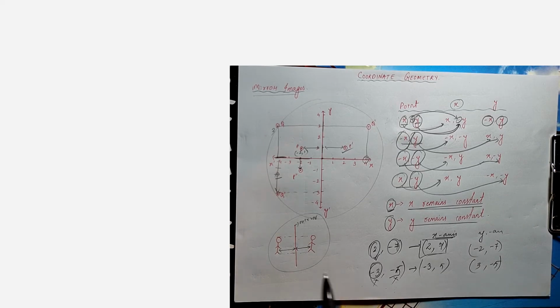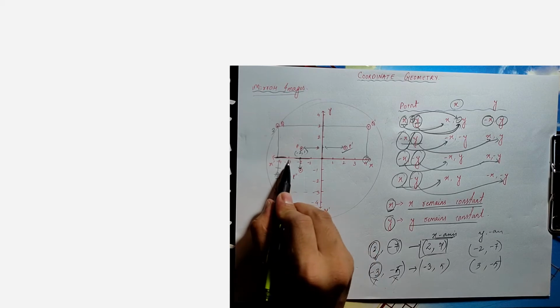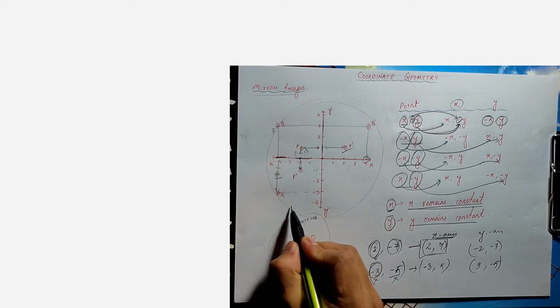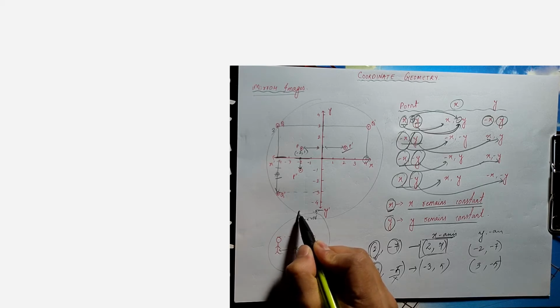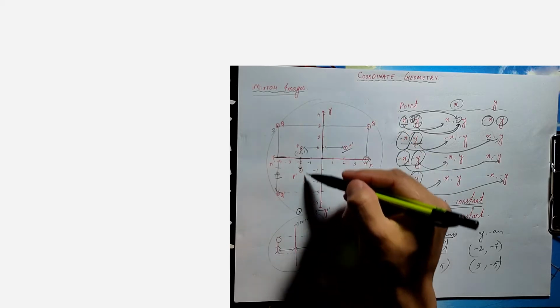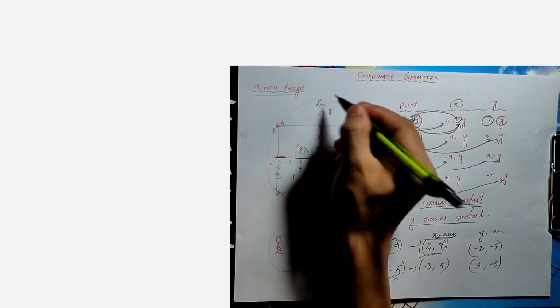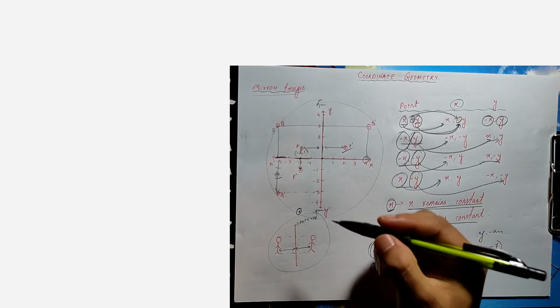Let us look at this here. So minus 3 comma minus 5, so minus 3 first along x-axis, then minus 5 along y-axis. So this will be my point. So reflection along x-axis means this. Okay, so I have 5 here. So minus 3 comma 5, let's check if that is the point.